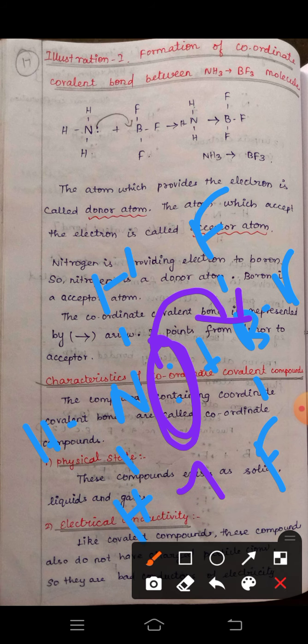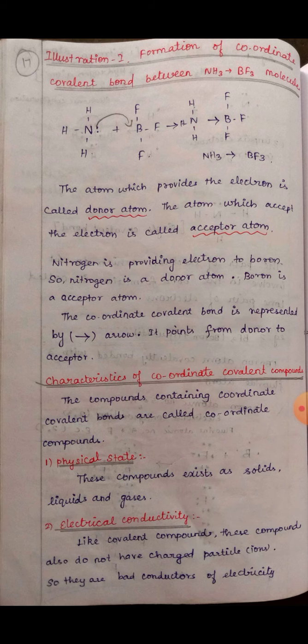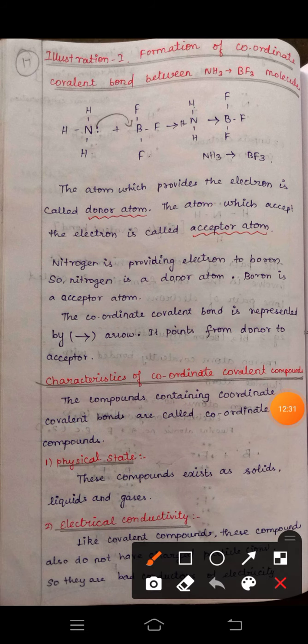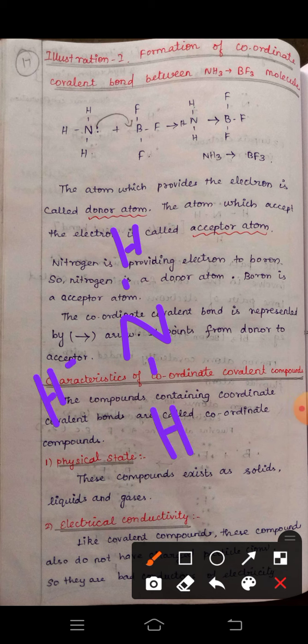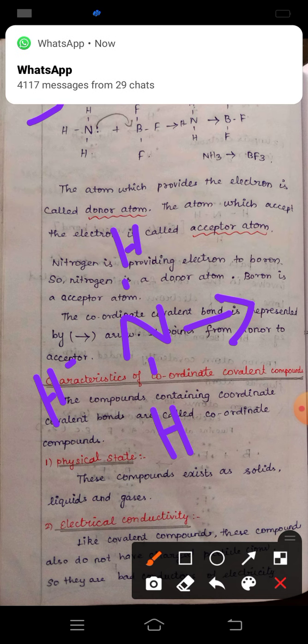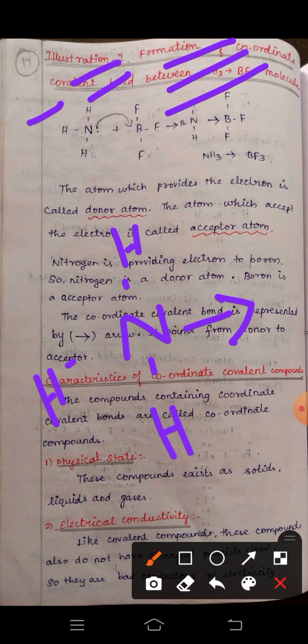Now let us see the schematic representation. See here, after donating 2 electrons, it becomes nitrogen with a single bond to hydrogen and a single bond to hydrogen. For a coordinate covalent bond, we represent it by an arrow mark. But in a covalent bond, if there is a single pair of electrons we represent it by a single line, if a double pair of electrons by a double line, and if a triple pair of electrons by a triple line.